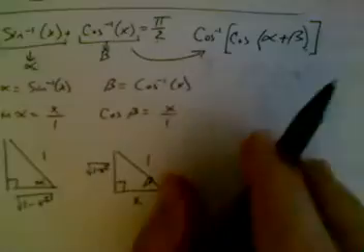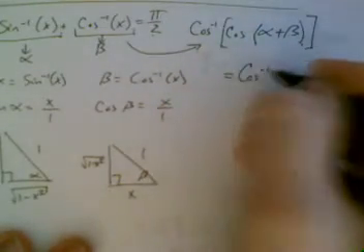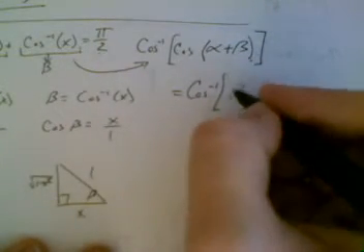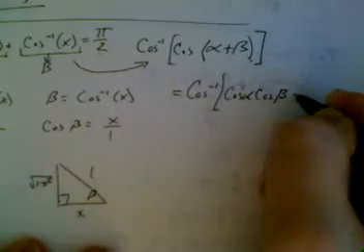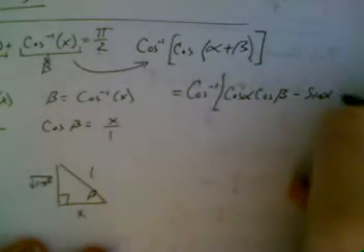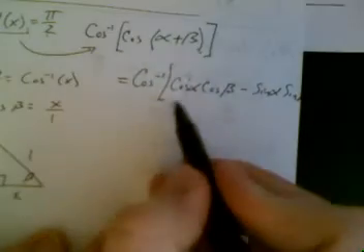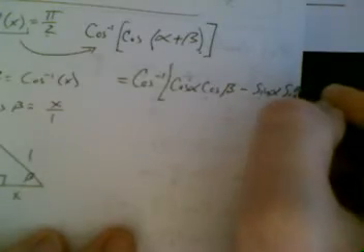This is equal to the cosine inverse of cosine of alpha plus beta, which is really the cosine inverse of cosine of alpha, cosine of beta, minus the sine of alpha and sine of beta. So I'm going to move this around here. Again, this is cosine of alpha, cosine of beta, minus sine alpha, sine of beta.